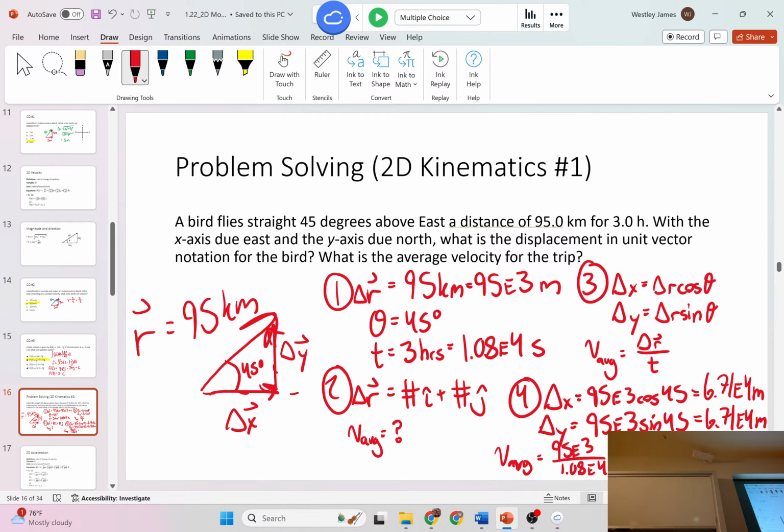If you know anything about triangles, the hypotenuse should always be the biggest side. So my x component and my y component should both be smaller than delta r, because it's a right triangle and delta r is the hypotenuse. 6.71 E4 is smaller than 9.5 E4. Great, that's a good sign for us. Both of those are fine, and the same value because the angle is 45 degrees.